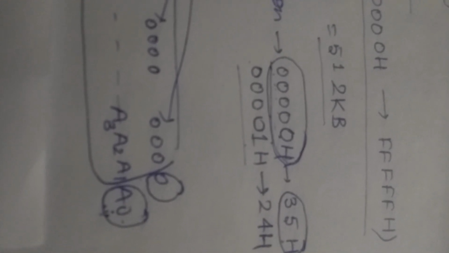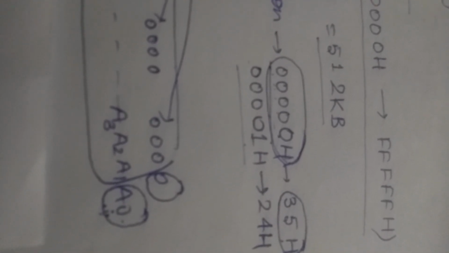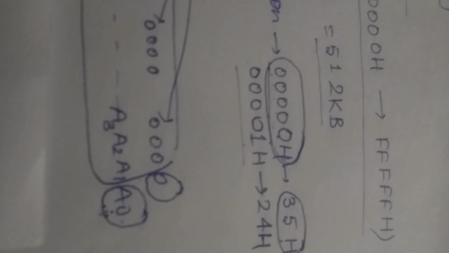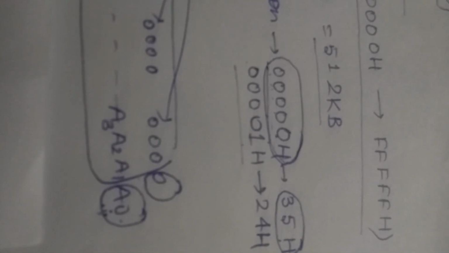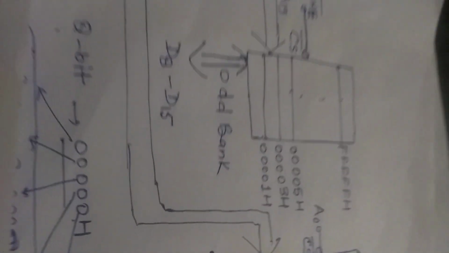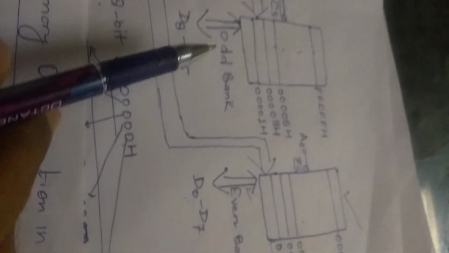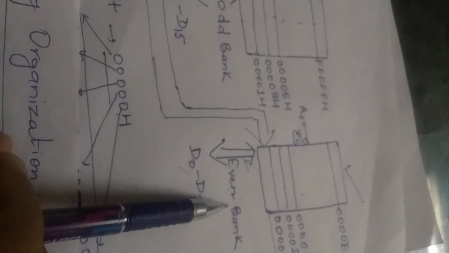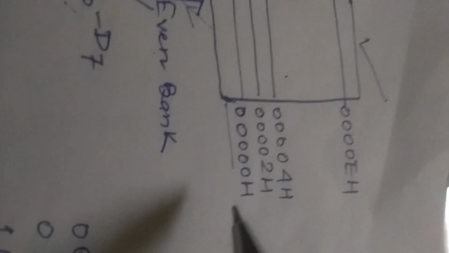Now I am going to discuss the memory organization of 8086, how the memory is divided into two parts, even and odd, and how the addresses can be shown. So this is the diagram for memory organization of 8086. Here the complete memory is divided into two banks, odd bank and even bank. The even bank has the address starting from 00000H.